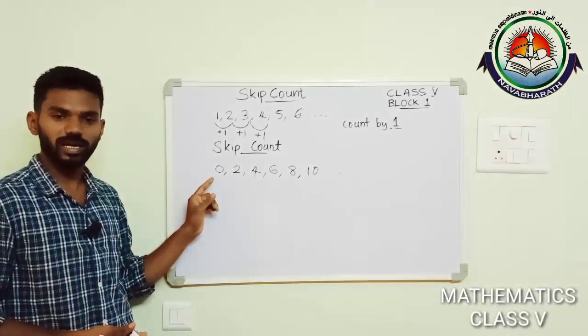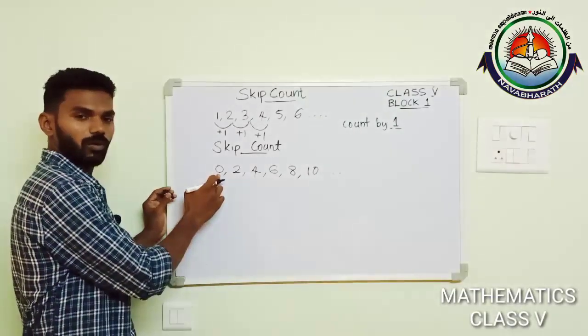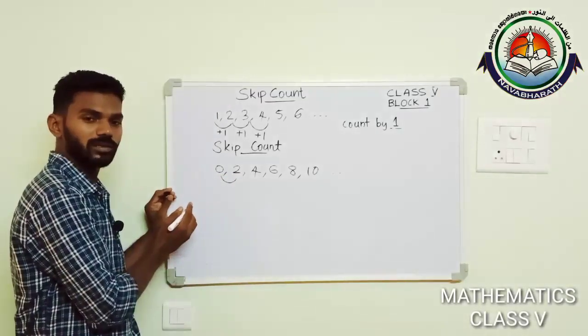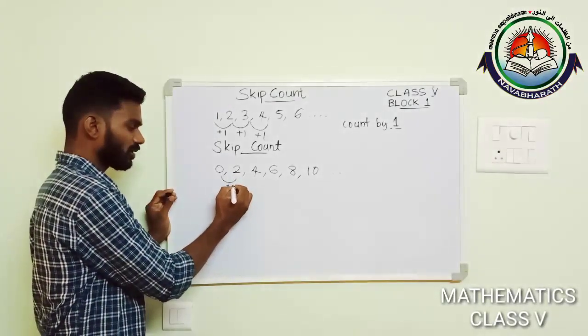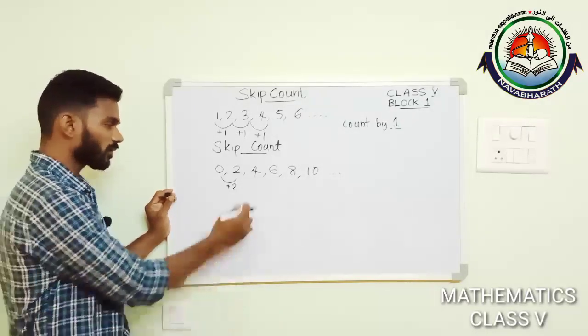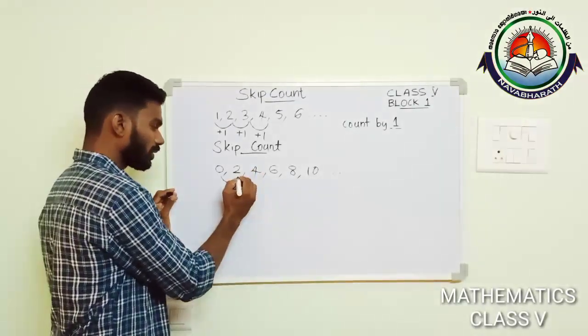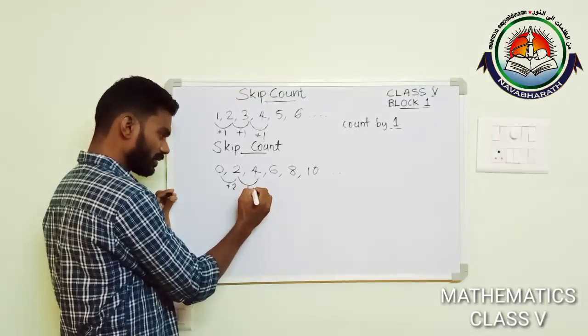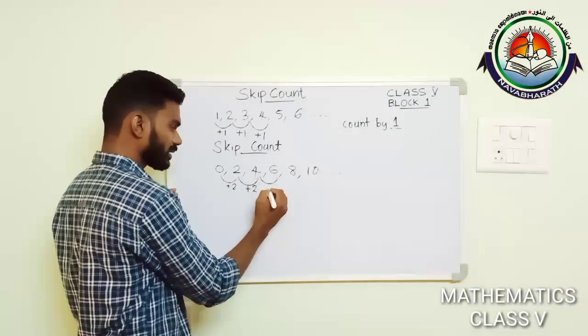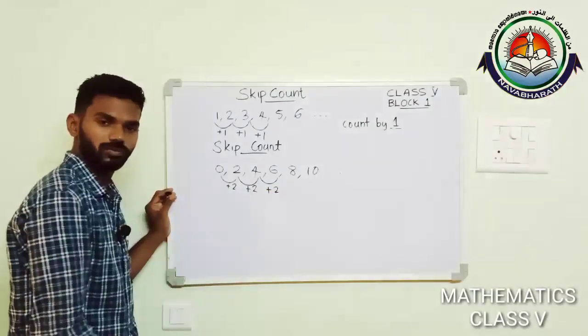And you can see that from 0, how did you get the number 2? You have to add which number? Add 2. From 2 to get 4, you have to again add 2. From 4 to get 6, again add 2.